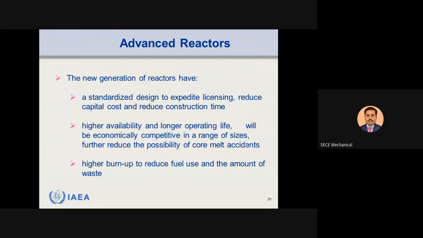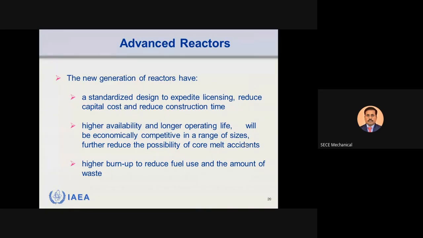And one more thing, it is economical and competitive. A high amount of heat energy is generated with the help of this reactor, and the time period to operate the power plant is also very short. That's why we can call it an advanced reactor.